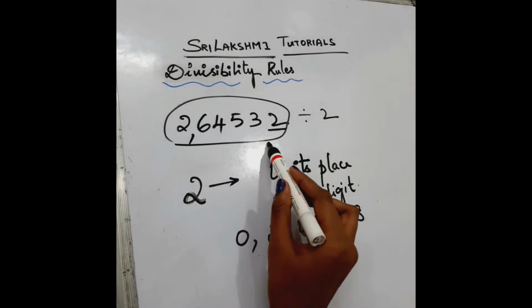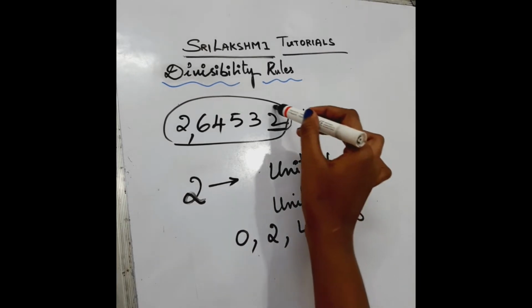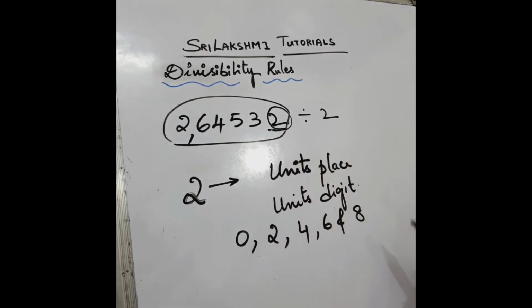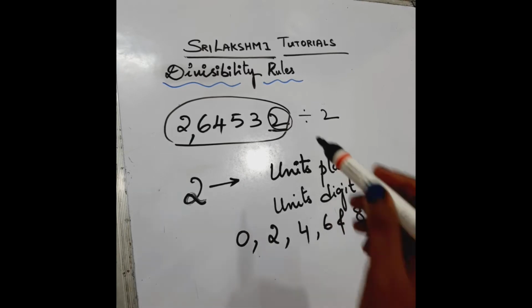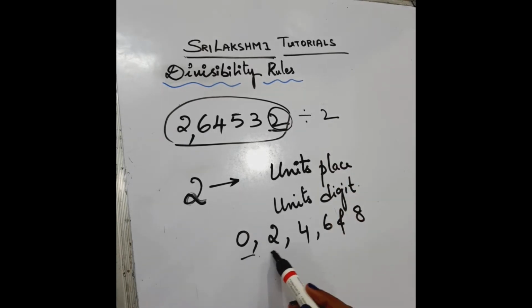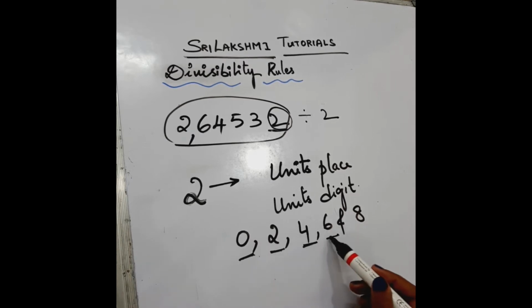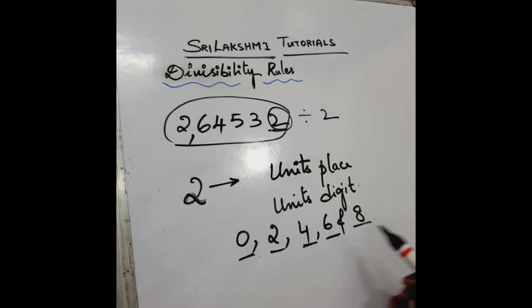In the units place we should check whether these numbers are there or not. What are those numbers? 0, 2, 4, 6 and 8.